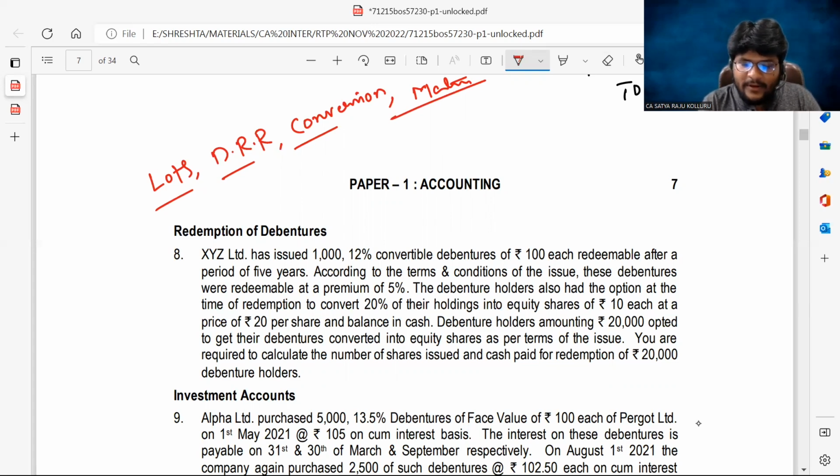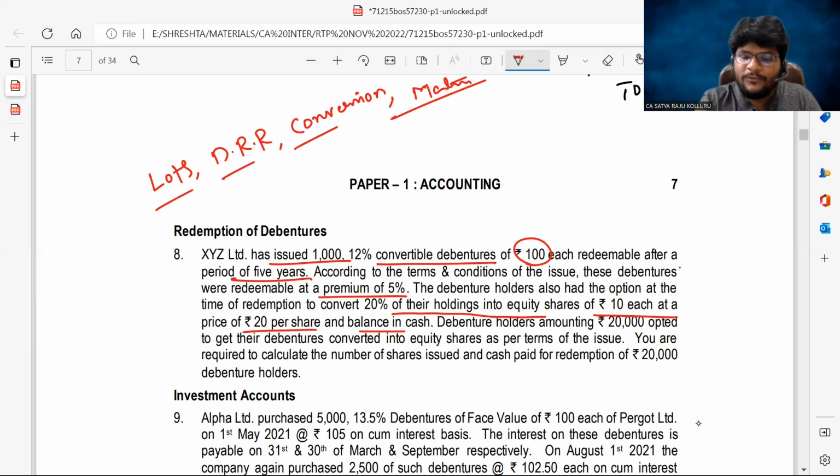XYZ Limited has issued 10½% convertible debentures of 100 each, redeemable after a period of 5 years. According to the terms and conditions of the issue, these debentures were redeemable at a premium of 5%. The debenture holders also had the option at the time of redemption to convert 20% of their holdings into equity shares of rupees 10 each at a price of rupees 20 per share and the balance in cash.